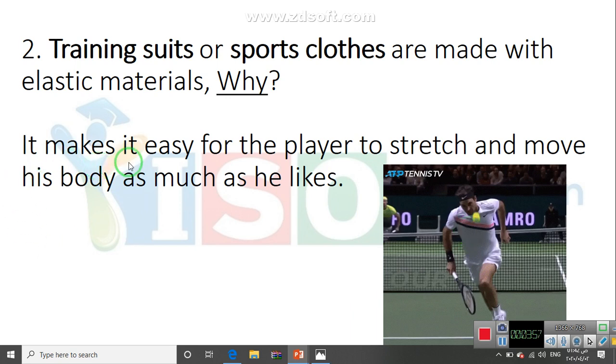Because it makes it easy for the player. This man here is called a player because he's playing tennis. He's playing a kind of sport, so we call him a player. It makes it easy for the player to stretch and move his body as much as he likes.